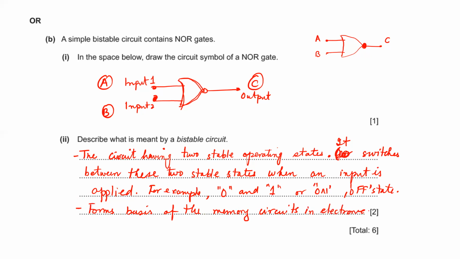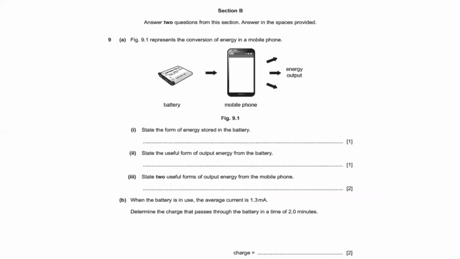So these are some of the points you can write when you have to describe a bistable circuit. Our section A, the compulsory questions which we have to solve in this part of the paper, completes.